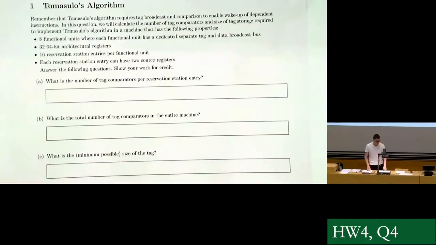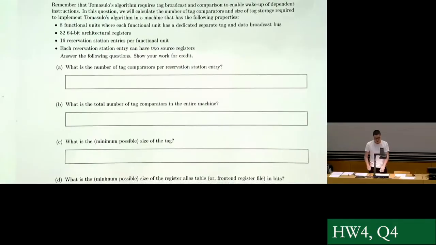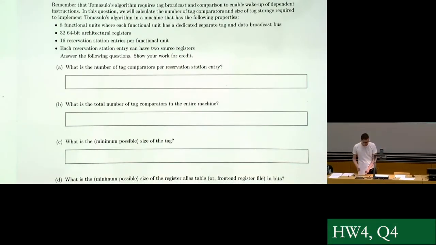Okay, so we will continue with this question on Tomasulo, and I think Professor Mutlu already showed some examples during the lectures, but I think this is an important concept that we can go over once more.